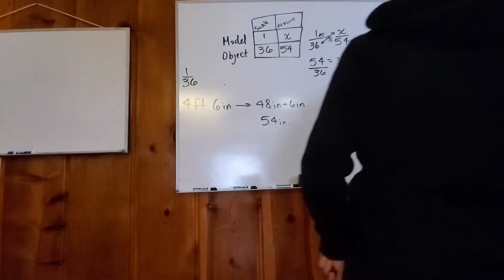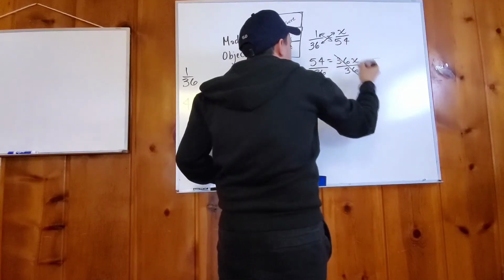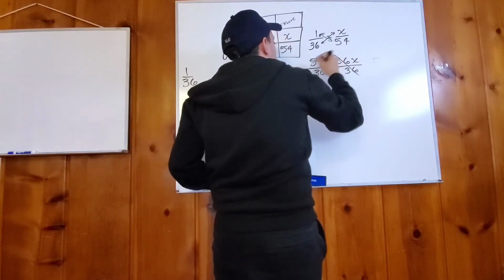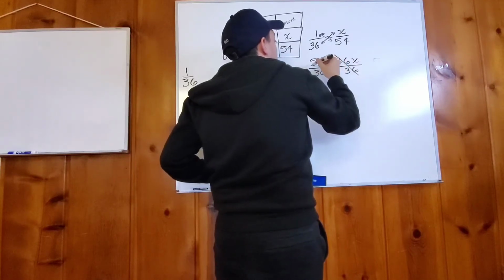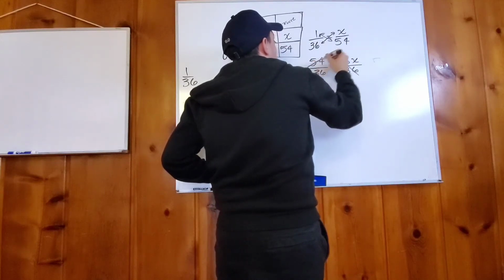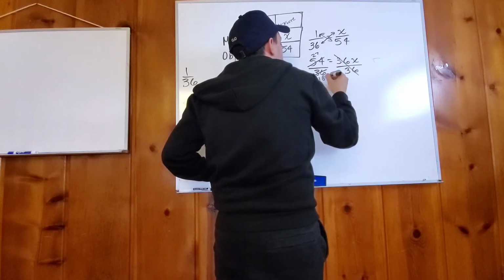And we are going to see that both of these can be divided by 2. This is going to be 27, and this is going to be 18.